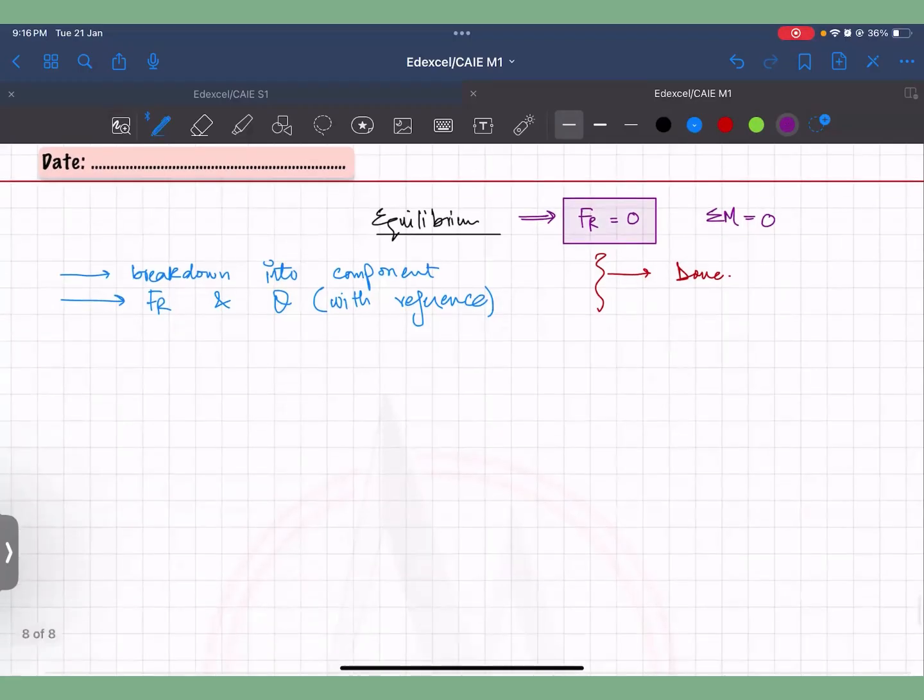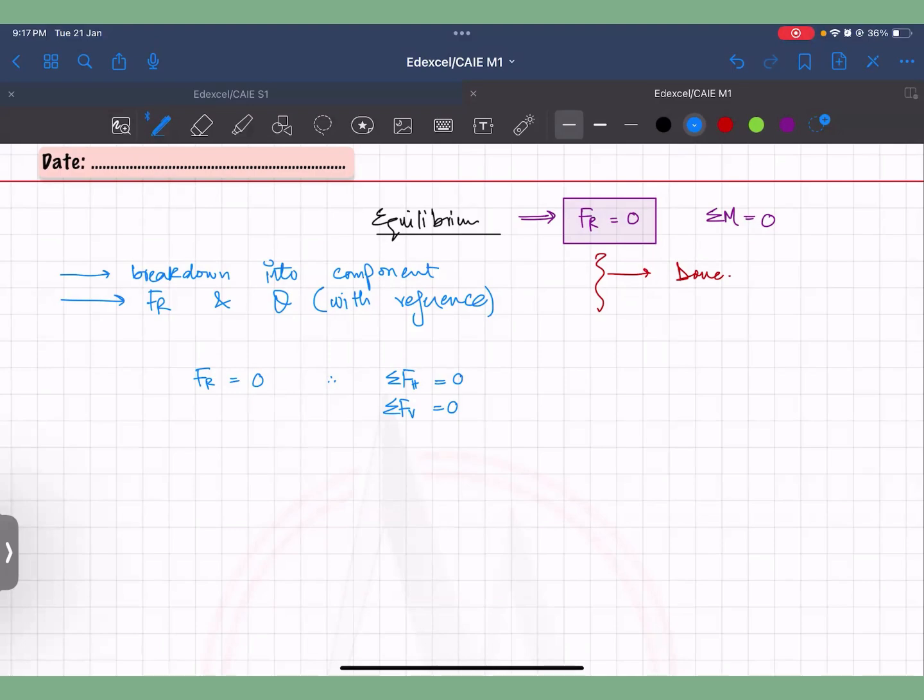So using this definition, that the resultant force would be equal to 0, this would mean that the sum of horizontal forces would also be equal to 0, and the sum of vertical forces would also be equal to 0. Then if you use the square root of 0 squared plus 0 squared, that would give you the resultant force of 0. So the horizontal component sum and vertical component sum would also be equal to 0 if they tell you that the system is in equilibrium.